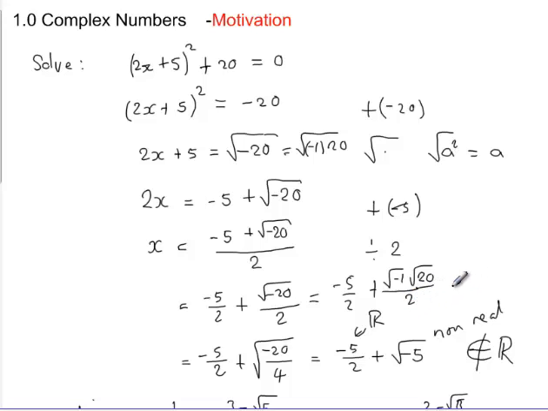Then at the end of a good discussion, this is minus 5 over 2 plus i square root of 20 over 2. And that's the kind of entity we've just called a complex number. Guys, is it not beautiful? To me, it looks very beautiful. I'm sorry if you don't have the eyes to see the beauty, but this is beautiful.